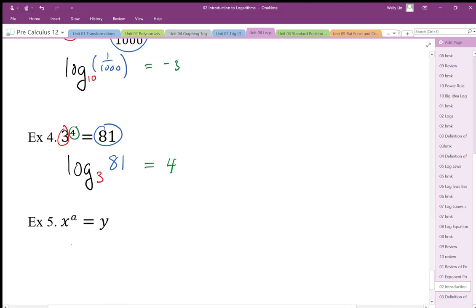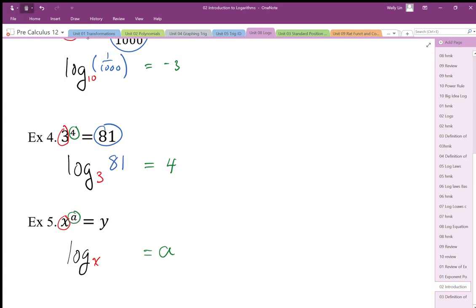A lot of this is going to be done with variables. So here's my log again. My base has to match. Base is a base. My log always equals the exponent.